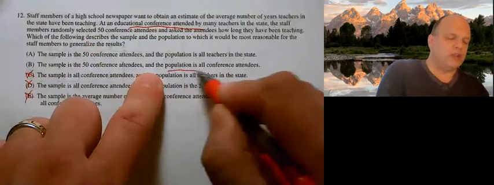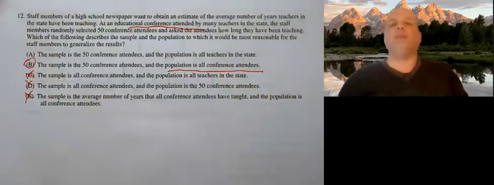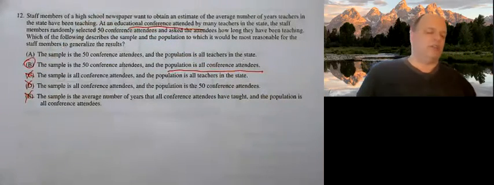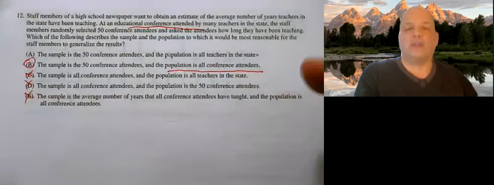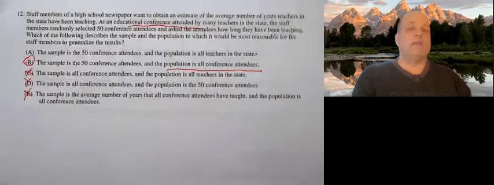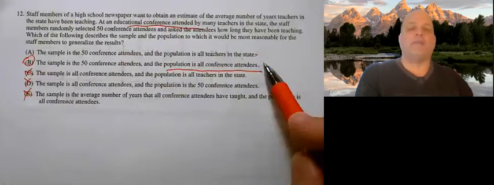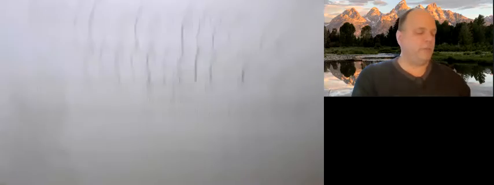So our population is the conference attendees because we selected from the group of conference attendees. To have done this, they would have to take a random sample of the entire state of teachers, or some other sampling technique. But they only selected from conference attendees, so we can only apply it to conference attendees.